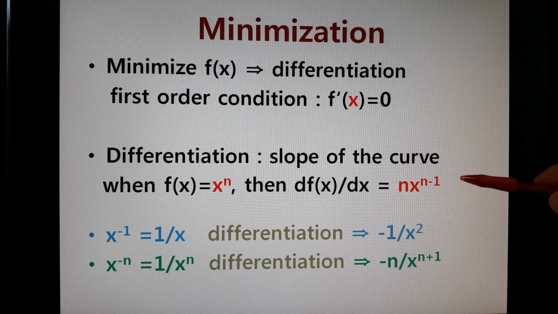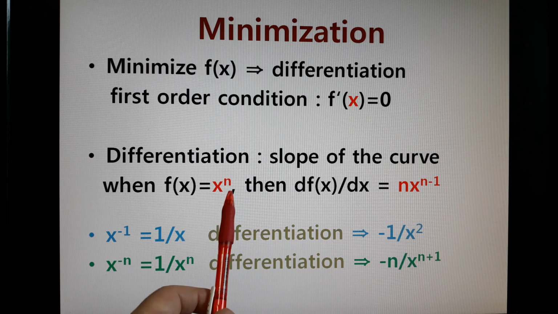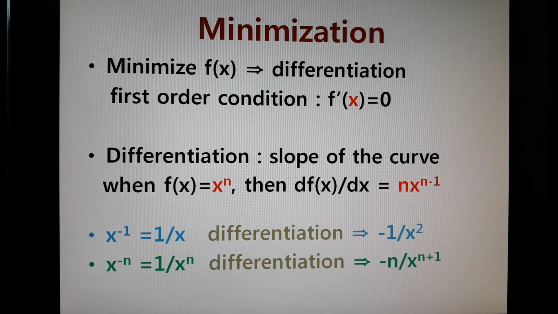Once again, differentiation is the slope of the curve. And the only function I want to use here is this kind of function: f(x) is x to the power of n, like x to the power of 1, 2, 3.